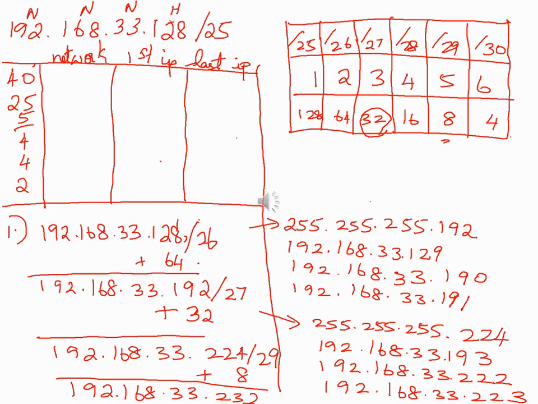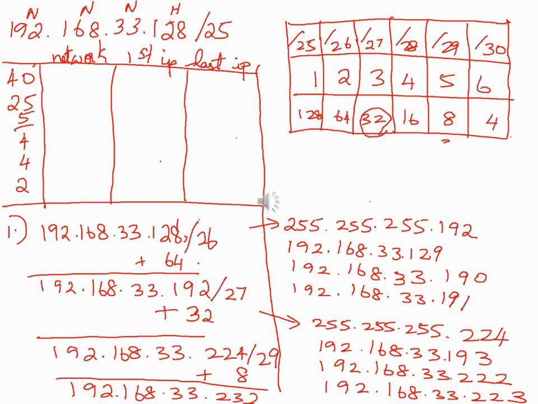If we are borrowing 1 bit, we'll get 128 as the block size and the slash notation will be 25. If we borrow 2 bits, we'll get a block size of 64 and the slash notation of 26. If we are borrowing 3 bits, the slash notation will be 27 and the block size will be 32. If we are borrowing 4 bits, the slash notation will be 28 and the block size will be 16.